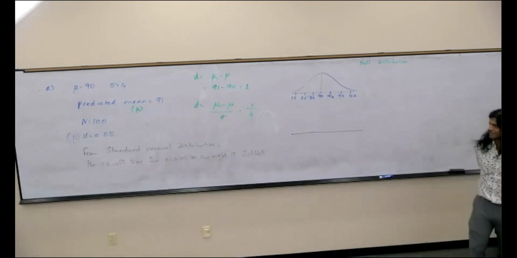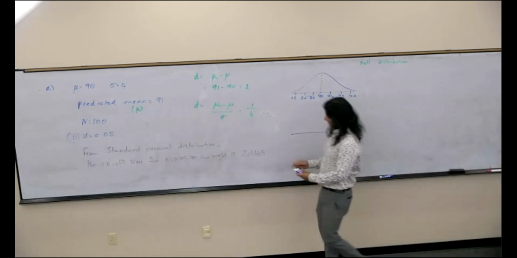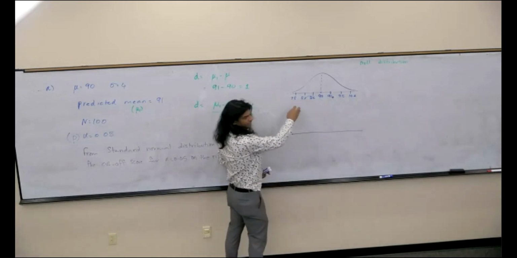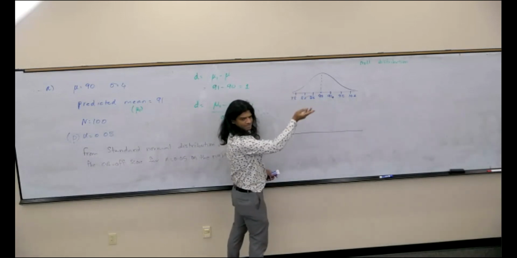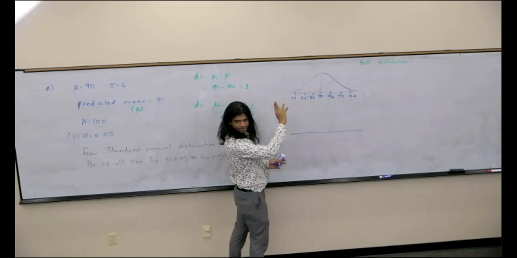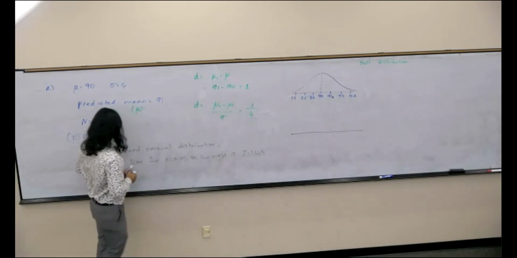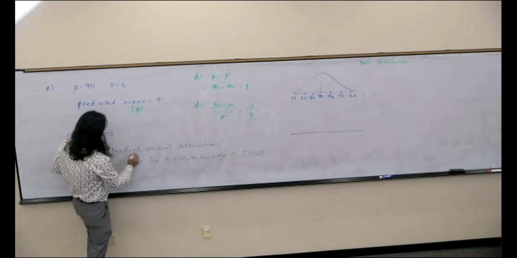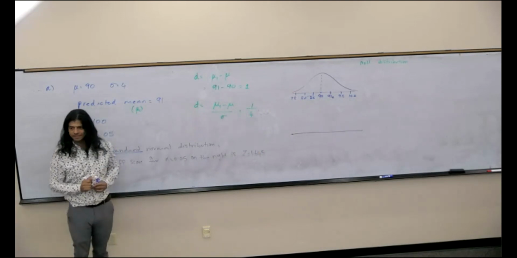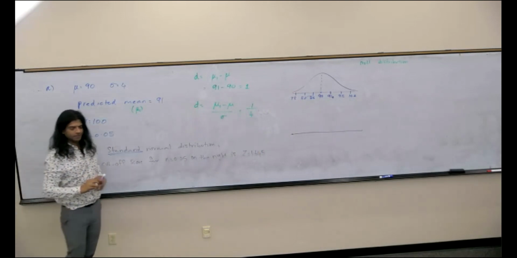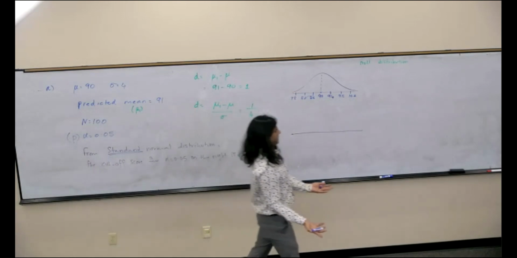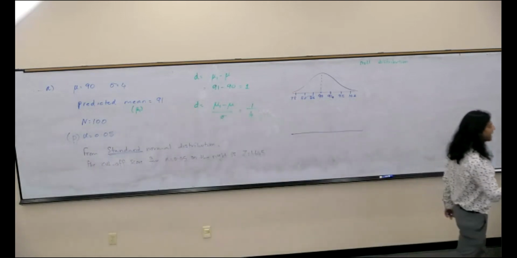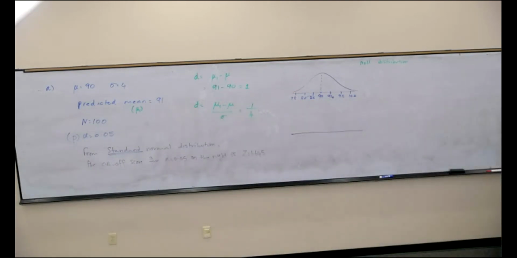I'll give you a hint. We all agree that that is a normal distribution, yes? Standard is the key word. What is the difference between just any normal distribution and a standard normal distribution?